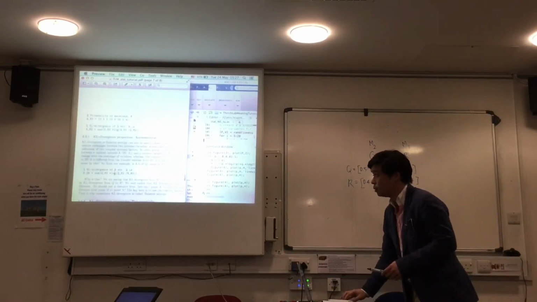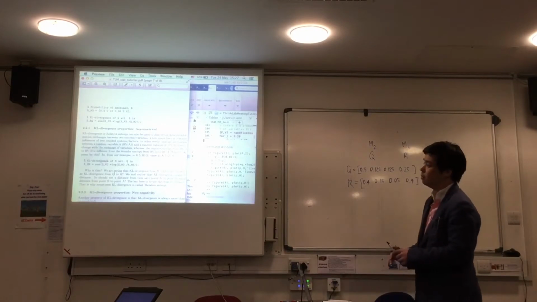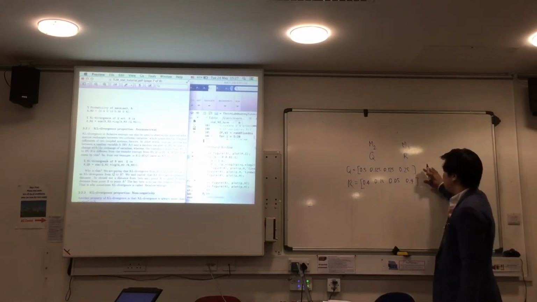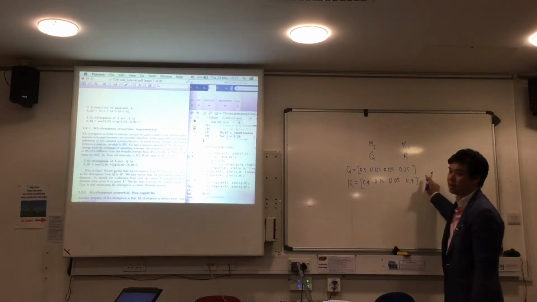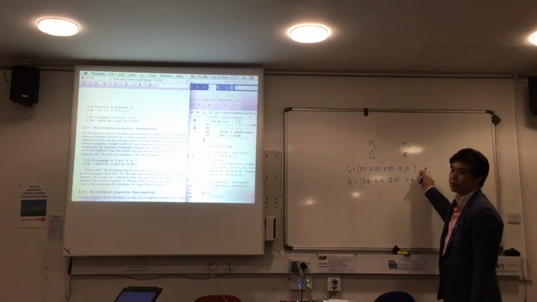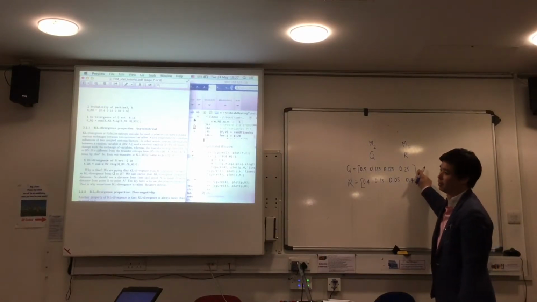Okay. And what do I mean by asymmetrical? Meaning that the KL divergence from Q to R is not the same as from R to Q. It's confusing.